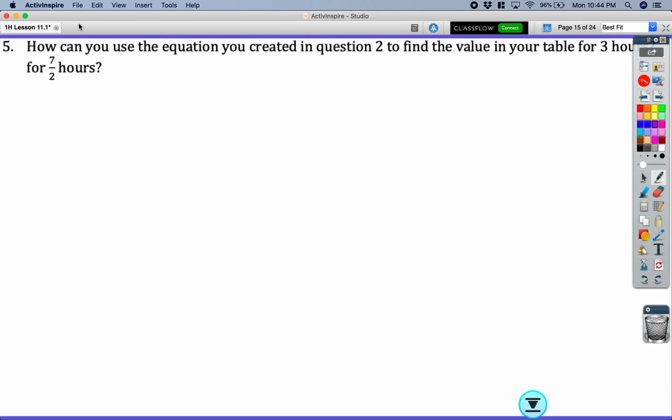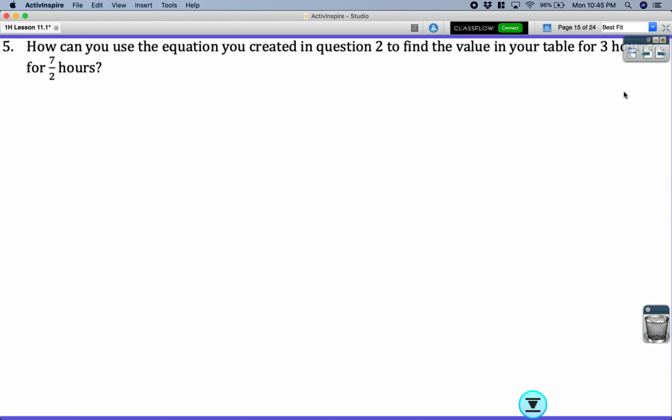All right, so how can you use this equation created in question 2 to find in your table for 3 hours and for 7 over 2 hours? Okay, so if I were to look at this, for 3 hours, all I would do here, guys, is I have my original equation. So we had population is equal to 4 times 2 to the 3rd power.